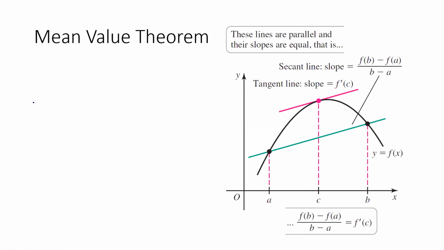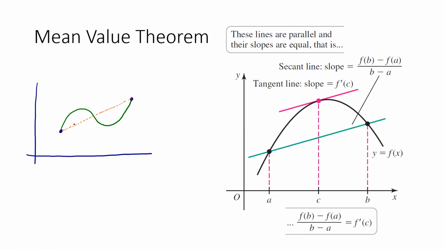Right, and here you can think of maybe a variation of this. Again, we're not requiring that the endpoints have the same height. And then I draw a smooth continuous curve that connects the two endpoints here. So according to the mean value theorem, there should be at least one point in between where the slope of the tangent line is equal to the slope of the secant line.